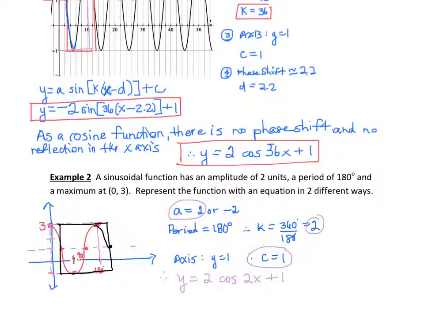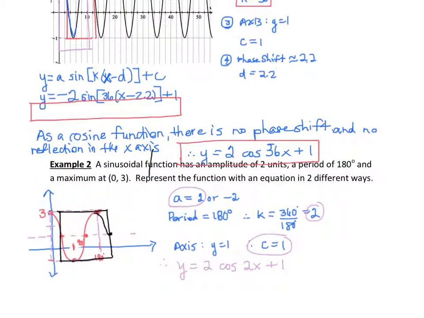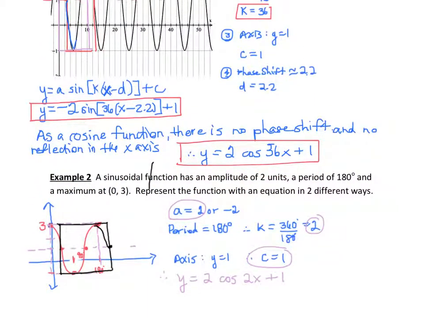Now I would have a phase shift in order to express this as a sine curve. I'll have to write to the side here. So as a sine curve, there will be a phase shift of 45 degrees to the right.